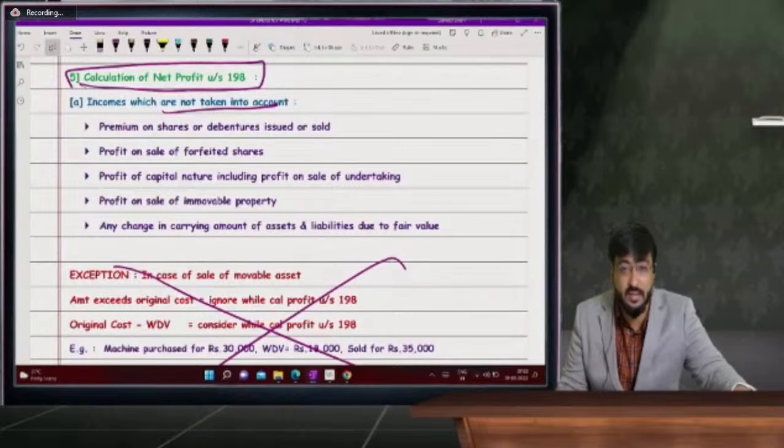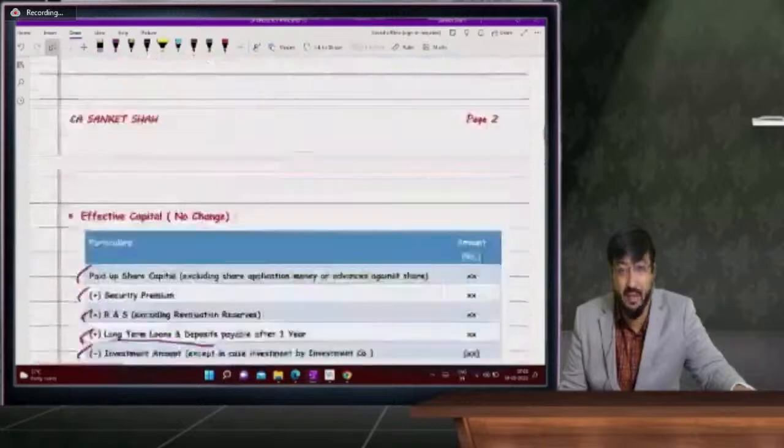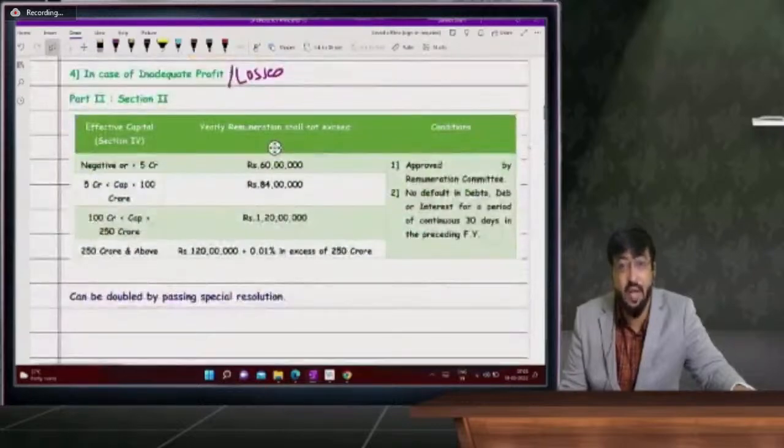So my friends, those who already watched my session, for them it is helpful, otherwise it will be very fast for you. And expenses which you don't have to consider: income tax and super tax, any compensation or damages or payments made voluntarily, loss of capital nature, and last one, any change in the carrying amount of the assets and liabilities.